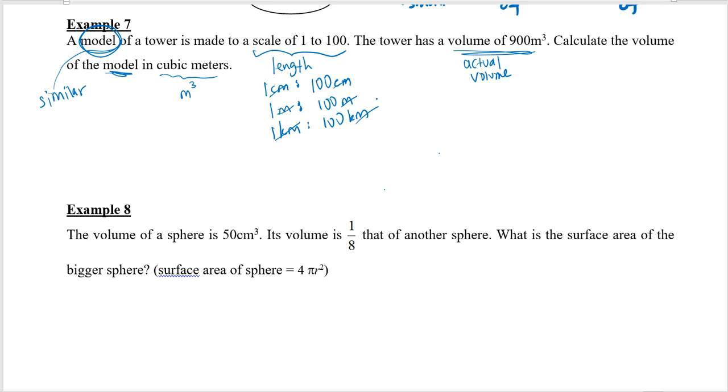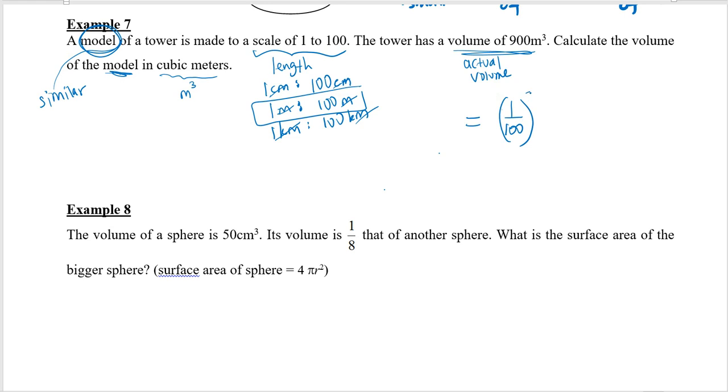Depending on what the question is using, in this case meters cubed, I will be referring to it as 1 meter represents 100 meters. Anyway, when I apply the formula, what I really need is just 1 over 100.